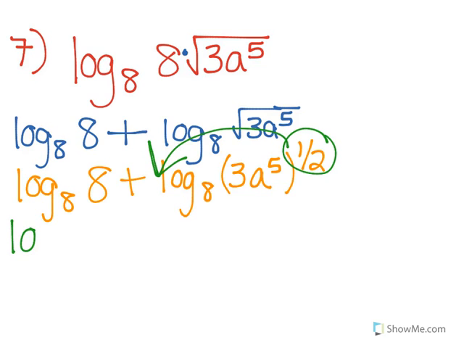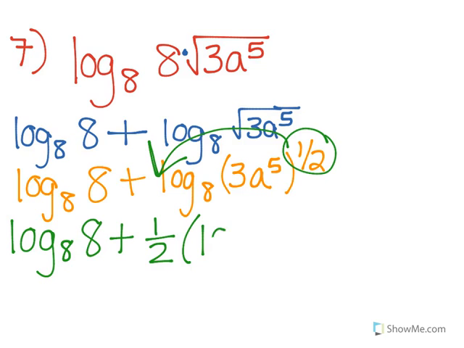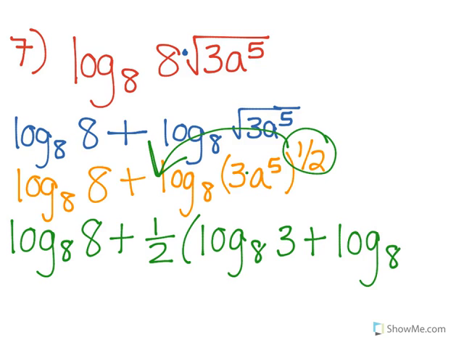So this log base 8 gets to carry along, and then I have 1/2 log base 8 of 3 plus, because this is the product rule in here, or product property, plus log base 8 of a to the 5th.